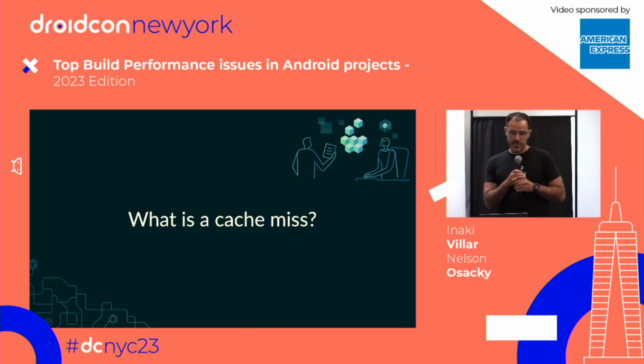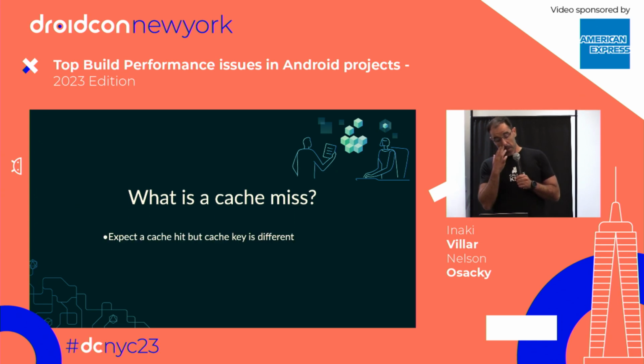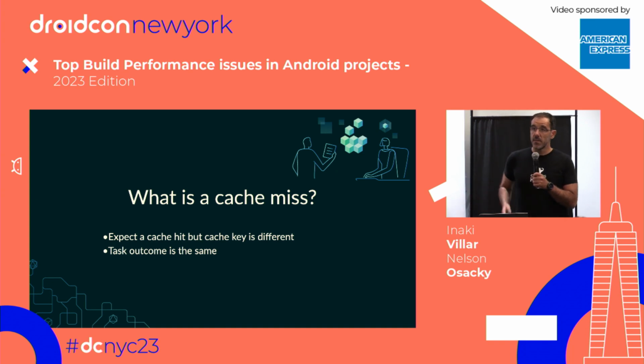So what is a cache miss? Obviously it is when we are not hitting the cache. But more precisely, it is when we expect a cache hit, but the cache key is different. And why is that? Because the task outcome is the same. So imagine that I'm compiling a Kotlin class.